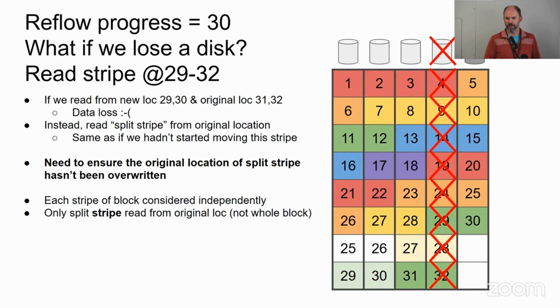So I'm going to move, hopefully the audio still keeps working, but even though we moved this already, we can read it from the old location here, where only one of the pieces of data has been lost. And so we can do the reconstruction. Now, the trick is just, we have to make sure that that invariant is always true, that the data is still at the old locations and we haven't overwritten it.